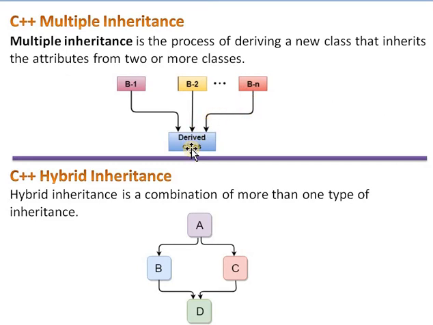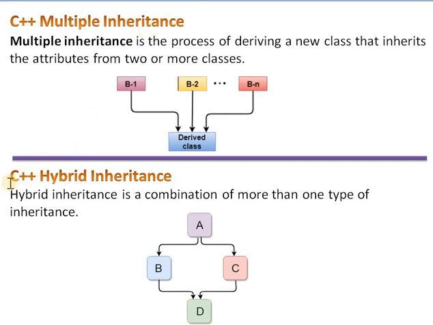In short, multiple inheritance is a feature of C++ where a class can inherit from more than one class. That is, one subclass is inherited from more than one base class. From those multiple base classes, one derived class is created. This is multiple inheritance.